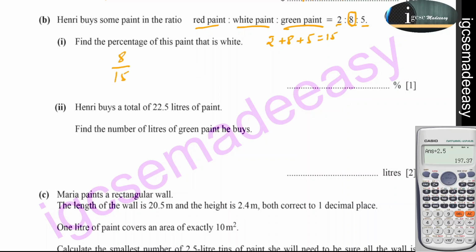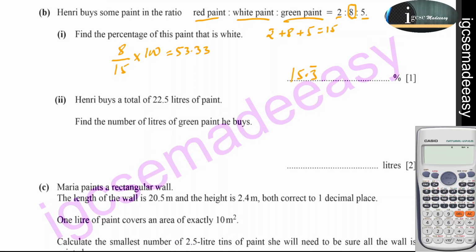So 8 by 15 times 100. In my calculator, 8 times 100 divided by 15, I get 53.3. We can also write a dash on it, which simply implies that the 3 is repeating.